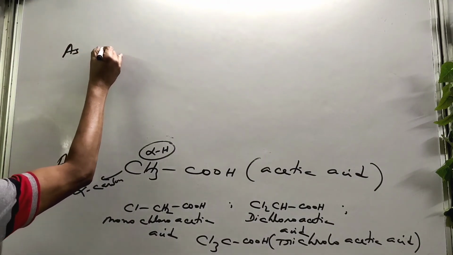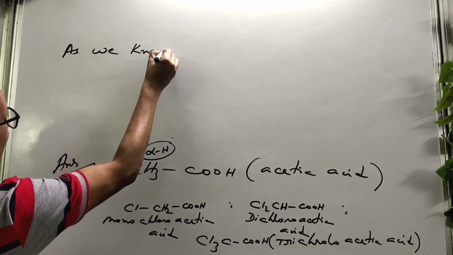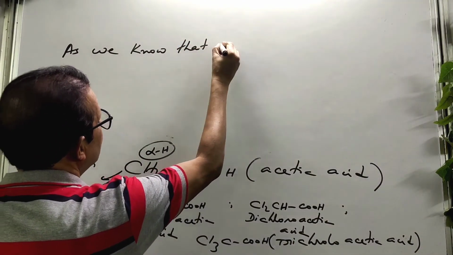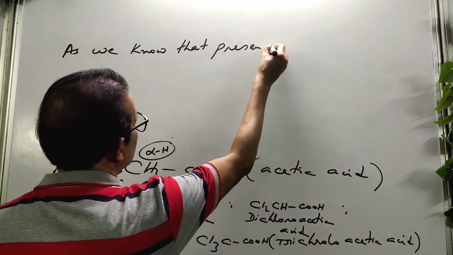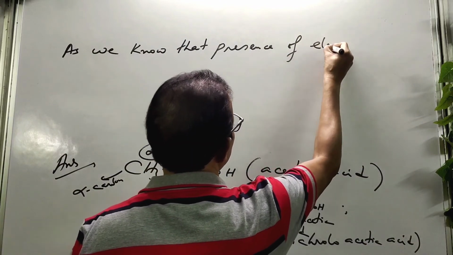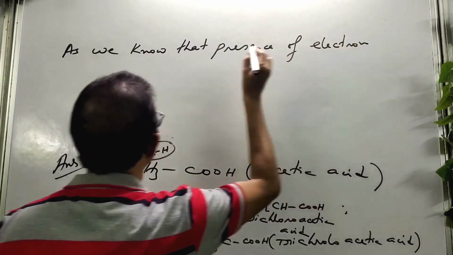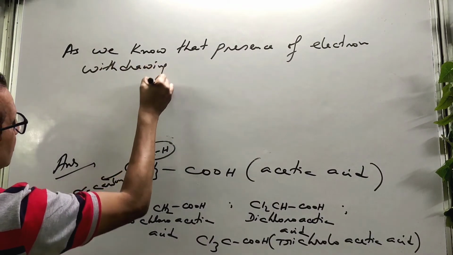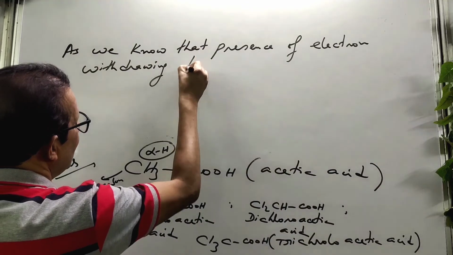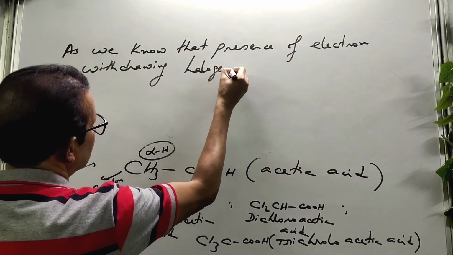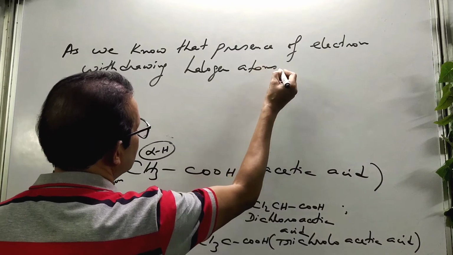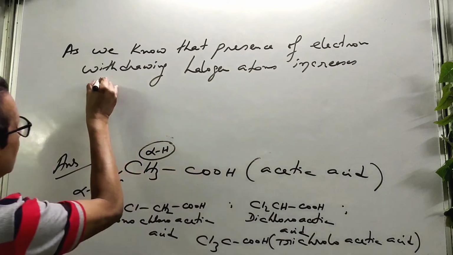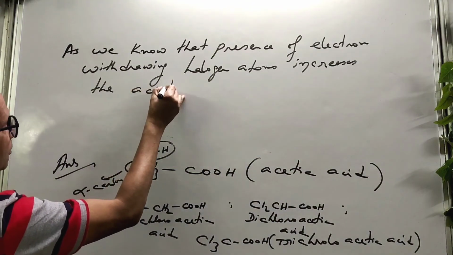As we know that presence of electron withdrawing halogen atoms increases the acidity. That we know.